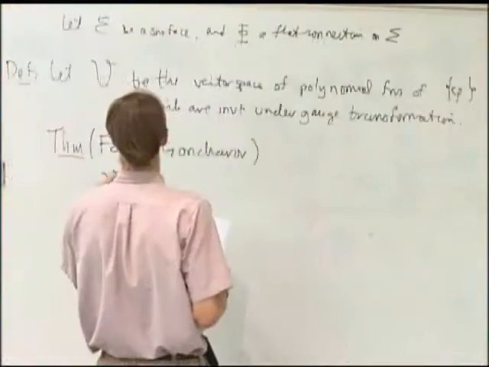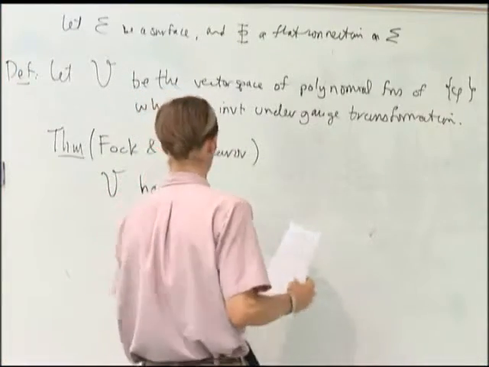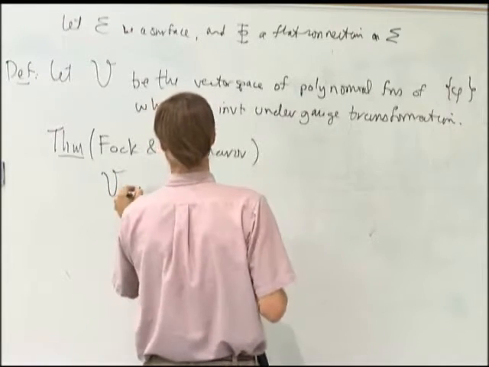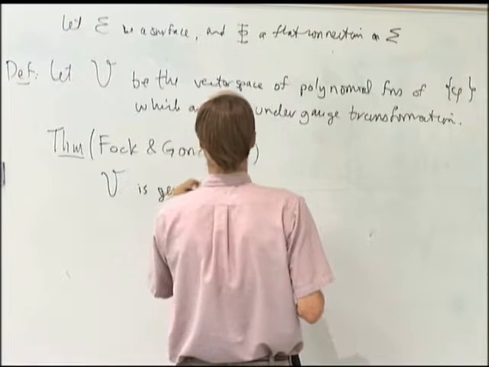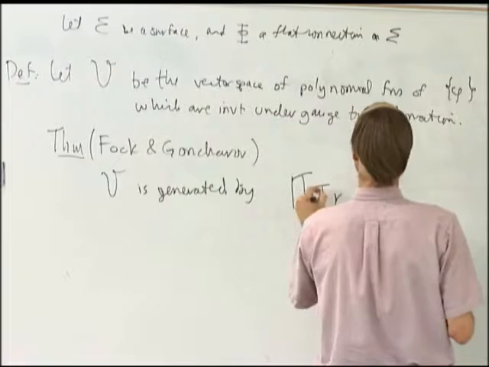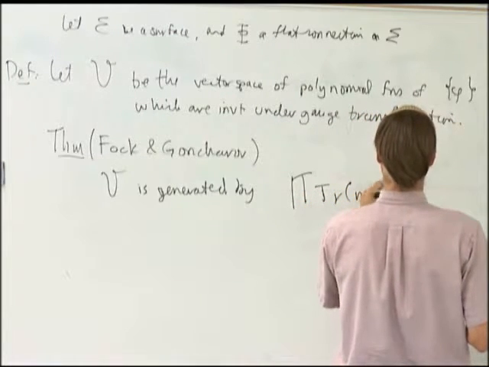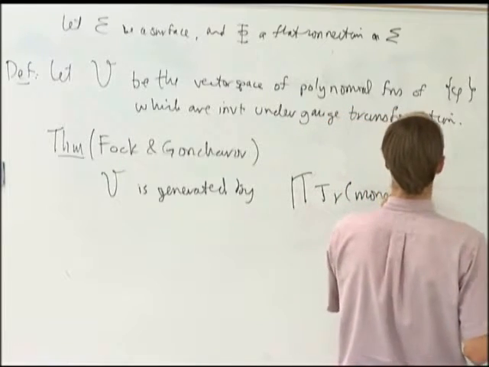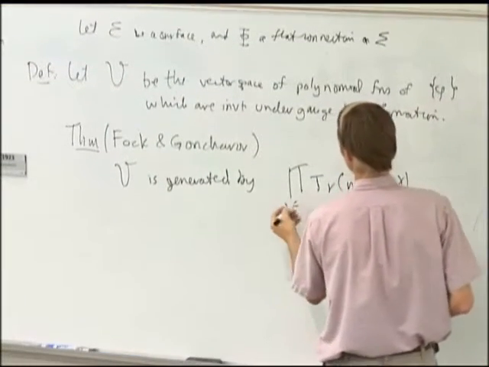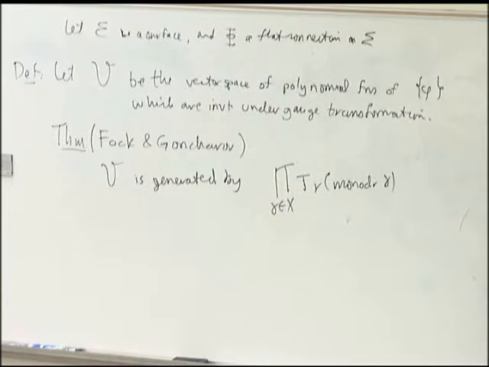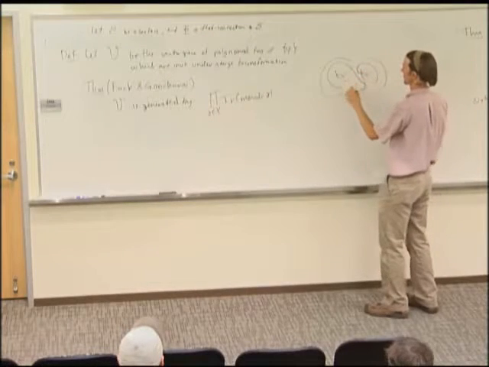So V is generated by the product of the trace of the monodromy over gamma, where gamma is in X. On your surface, whatever it is, you take all possible simple closed curve systems, which are sets of pairwise disjoint simple closed curves.